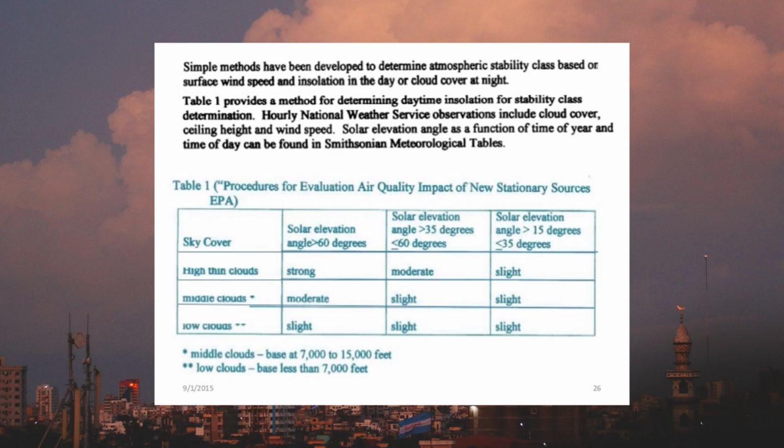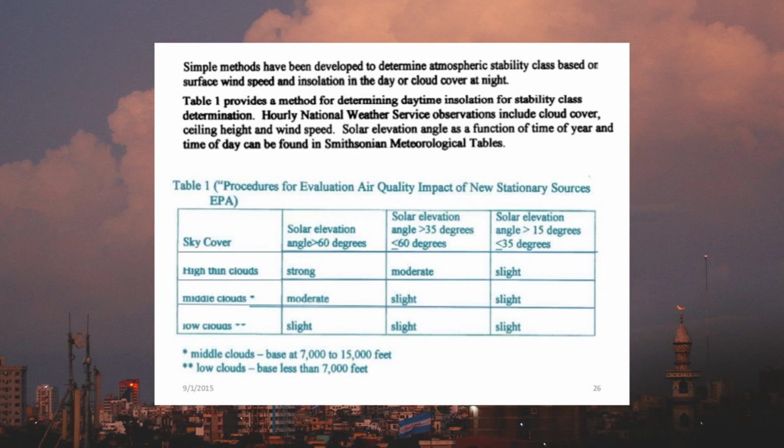For example, if it is above 60 degrees from the horizon, it may be a little difficult to understand, but you can consider that probably during the afternoon you get very high solar radiation. So the solar insolation, if the angle is above 60 degrees, is considered strong.